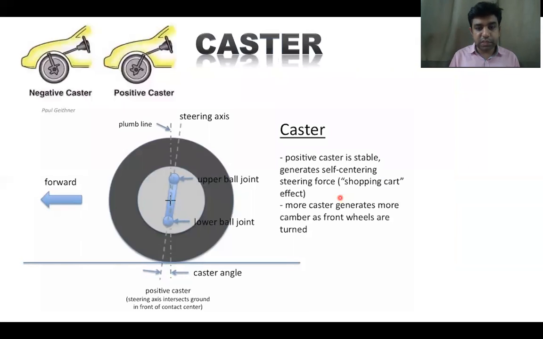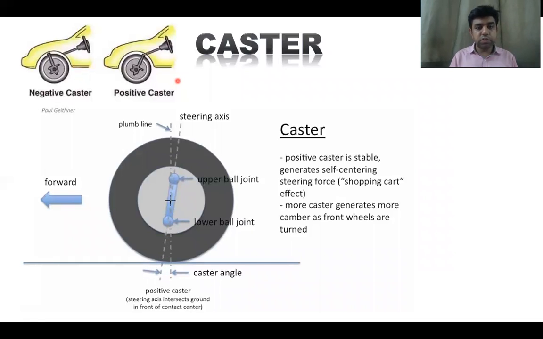Another is the caster. We have two different conditions. If we take the side view, then from the central axis, if the kingpin inclination axis is towards the left, it is negative, and if it is towards the right, it is called positive caster, right?